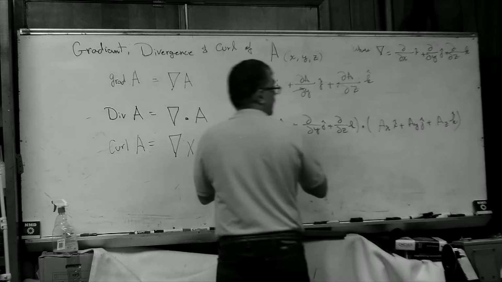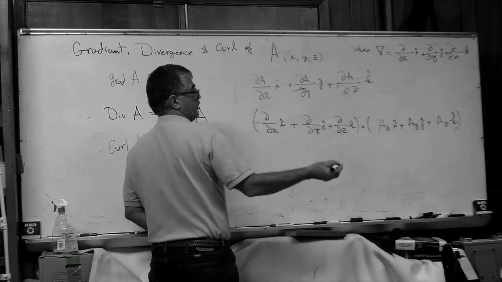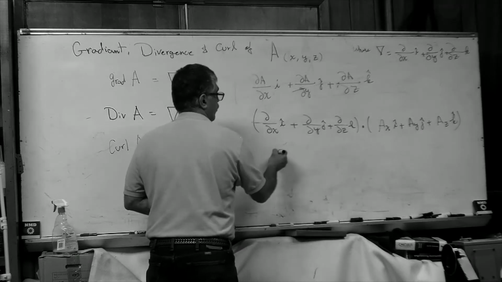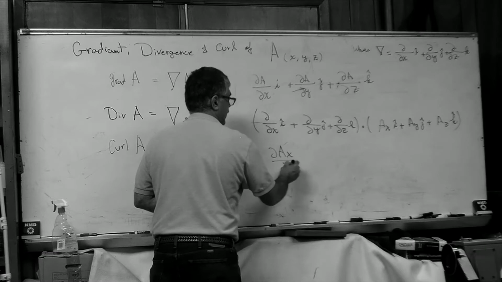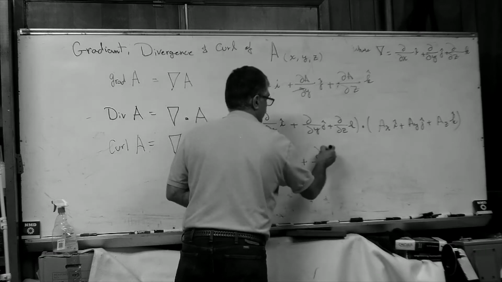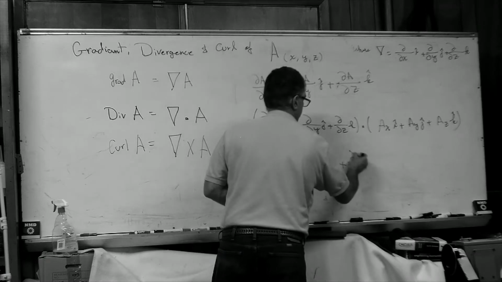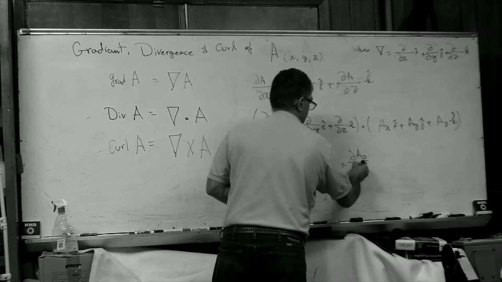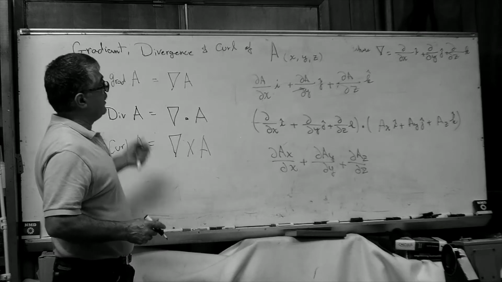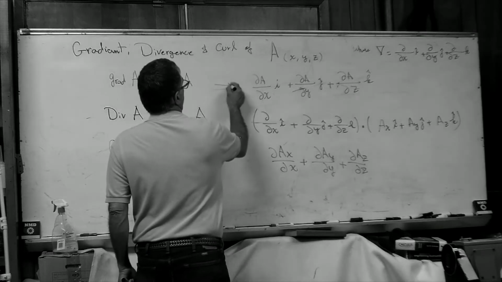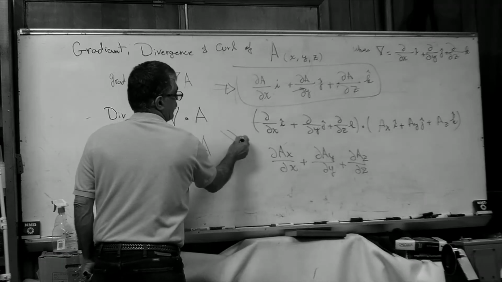If we do the dot product of these, i dot i we know is 1. So we are going to have partial derivative of Ax with respect to x plus partial derivative of Ay with respect to y plus partial derivative of Az with respect to z. So this is the divergence of A. So this is the grad A, and this is the divergence of A.